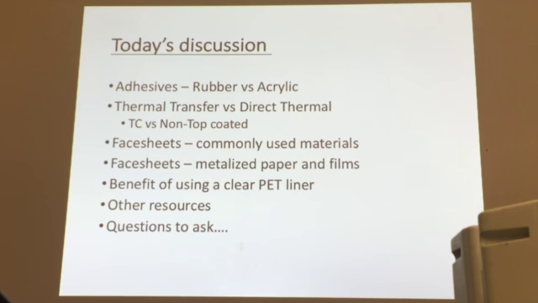Then we'll talk about face sheets, commonly used materials, metallized papers, benefits of using polyester liner for water bottle type applications, and resources and any questions. As I go through the presentation, there are going to be some hands-on demos.